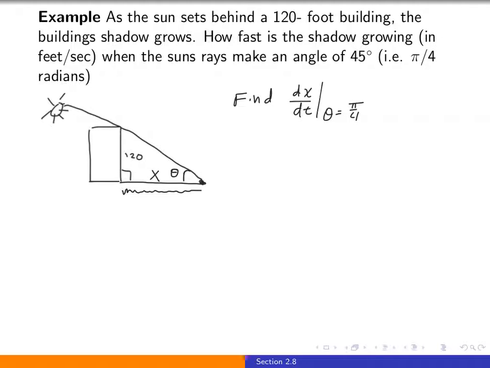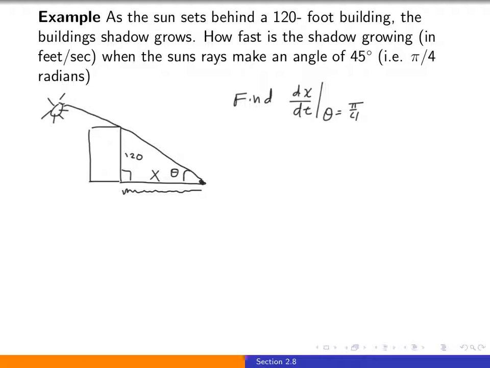Now, looking at the picture we've drawn, we can easily come up with a formula relating x and theta. Thinking in terms of trig functions, tangent of theta is 120 over x, but that puts the variable x in the denominator.